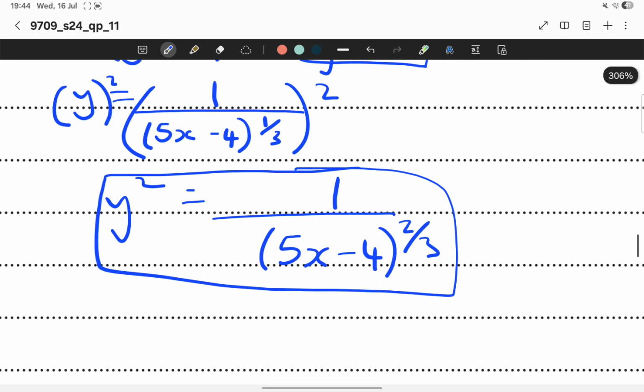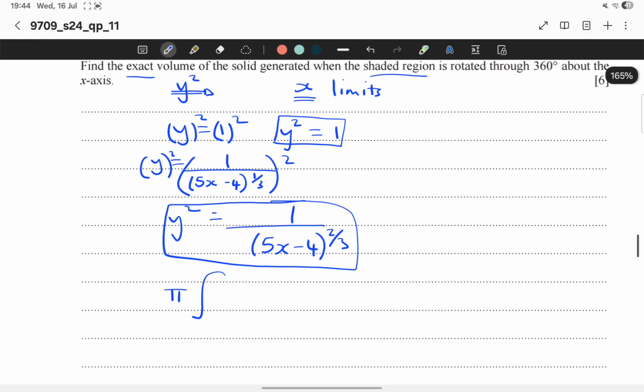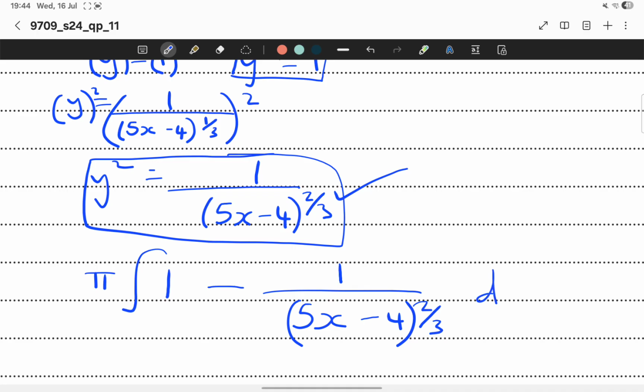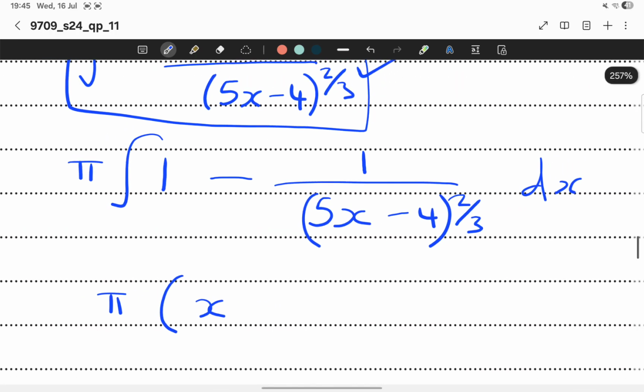So we have pi times the integral of 1 minus 1 over (5x minus 4) to the power 2/3, dx. Integrating, we get pi, then x.